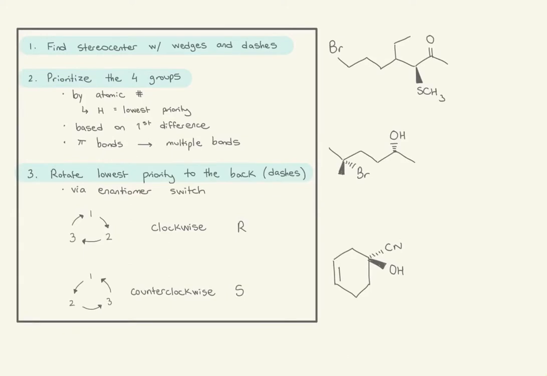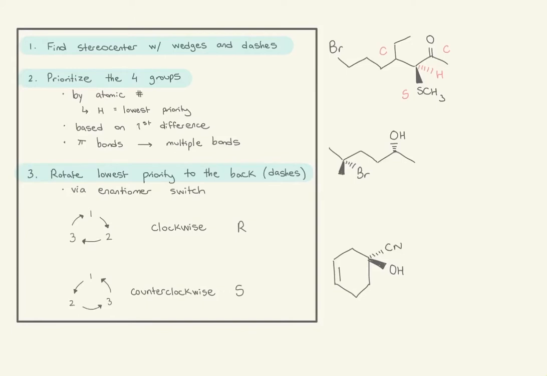Let's find the stereocenter with wedges and dashes for our first problem. Here is the stereocenter, and I'm going to draw in the hydrogen on a dash. Now, this stereocenter is connected to a sulfur, a hydrogen, a carbon, and a carbon.